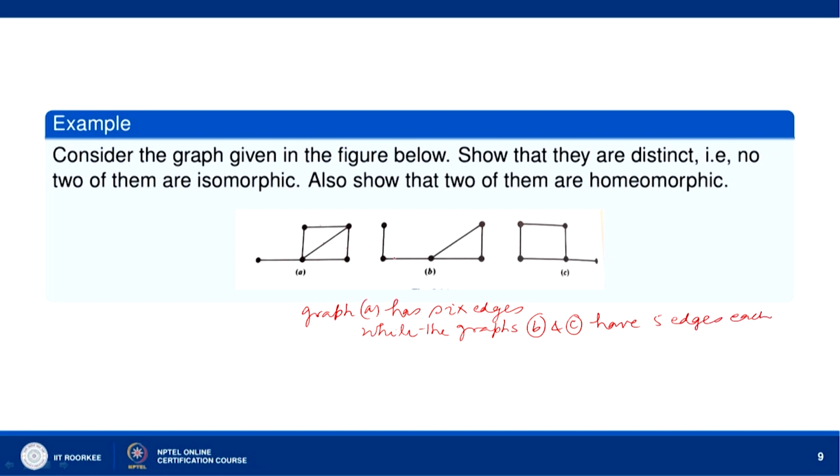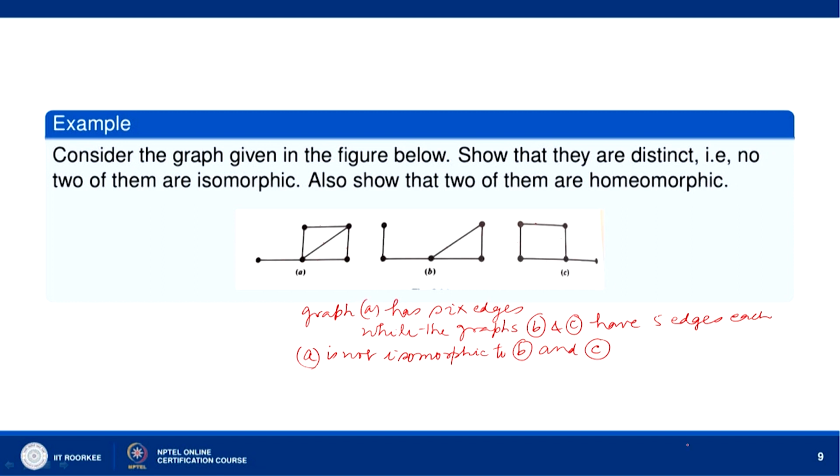You can see here 1, 2, 3, 4, 5, 1, 2, 3, 4, 5. So, in the graph A there are 6 edges, while in the graphs B and C there are 5 edges. So, A is not isomorphic to B and C. Now, let us see that B and C are also not isomorphic.